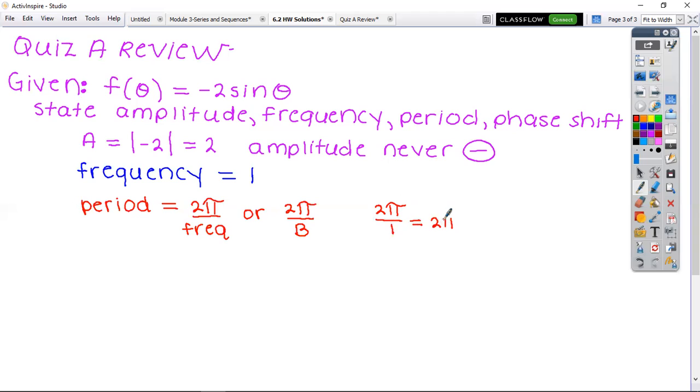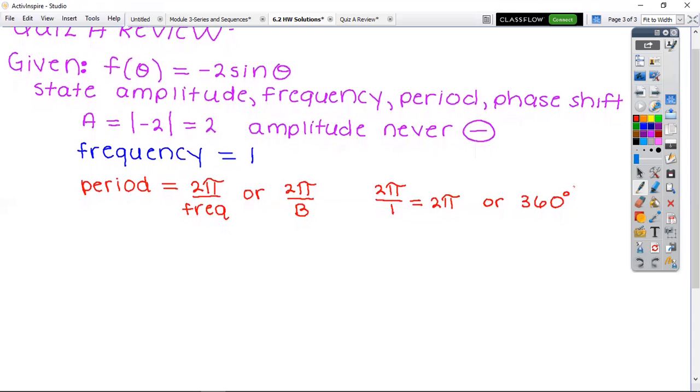And I want you to kind of be fluent between radians and degrees. I'm going to make you write it both ways. Good practice. What's 2 pi in degrees? Exactly. So 360 degrees as well. Just so you can go back and forth. Then I asked you for the phase shift. So phase shift is always going to be located inside your parentheses, but do you even have parentheses here?